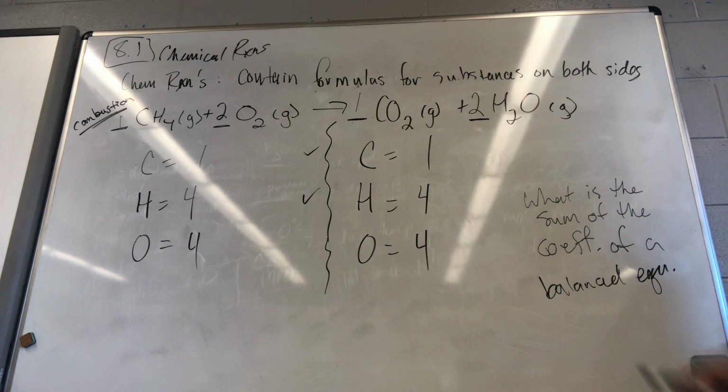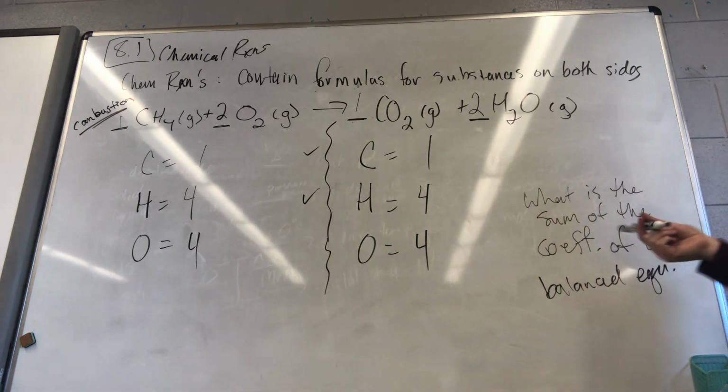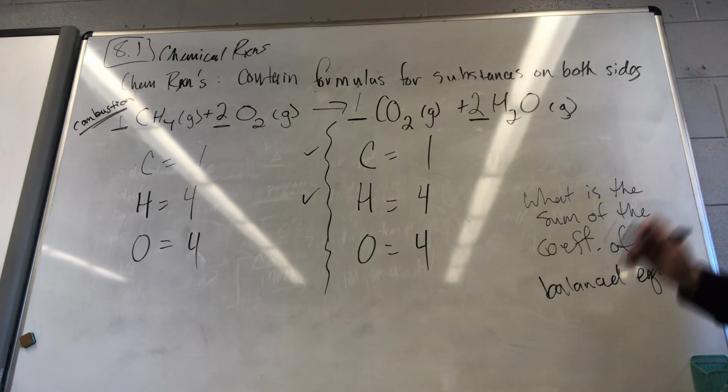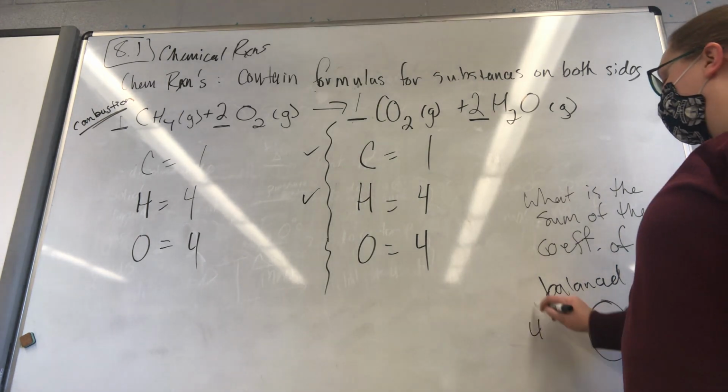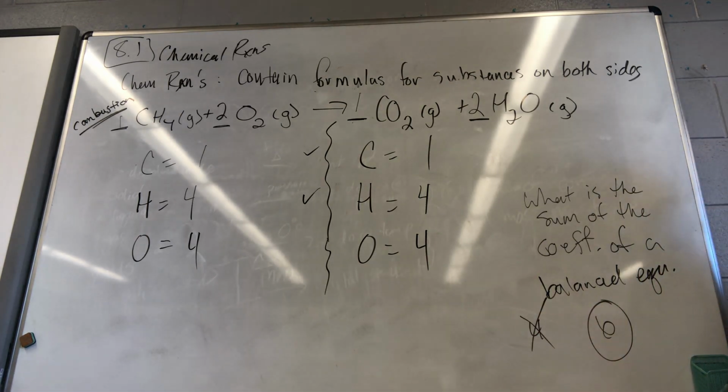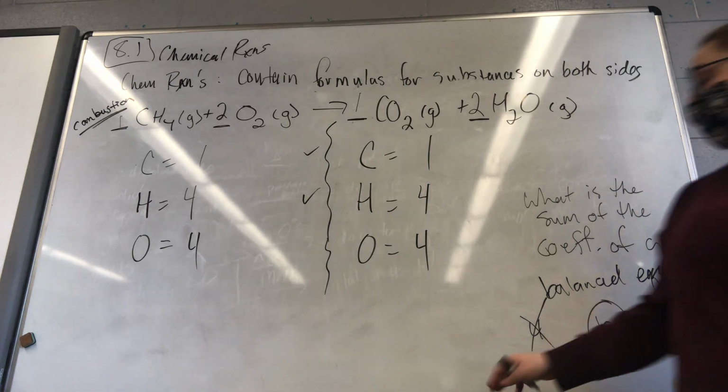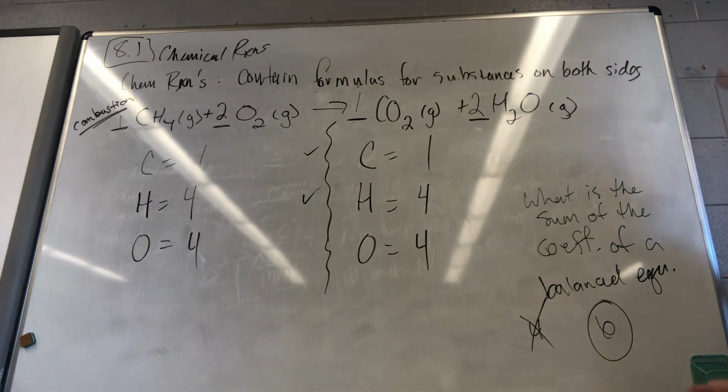For this particular exercise, what would the sum of all of the coefficients be? If you don't put the 1s and you write a 4, that's wrong. Do you see? Okay. So just because you don't see the 1s, just remember they're always there. And at the end of balancing, go back and fill them in if that's going to help you.